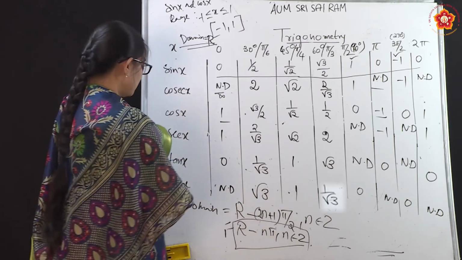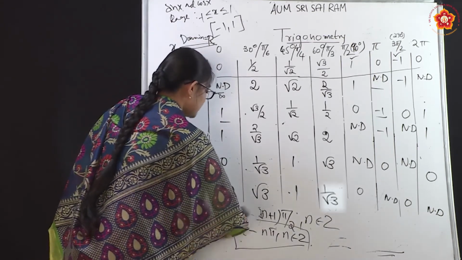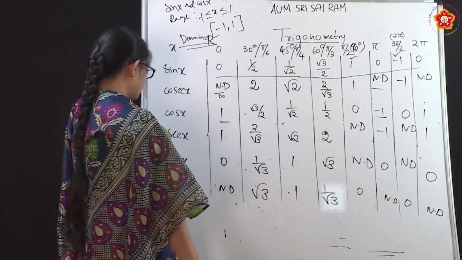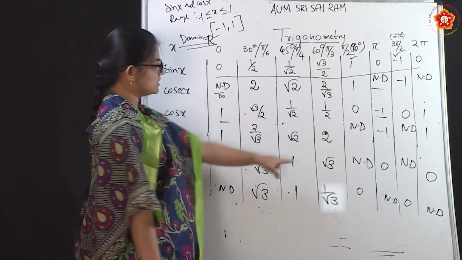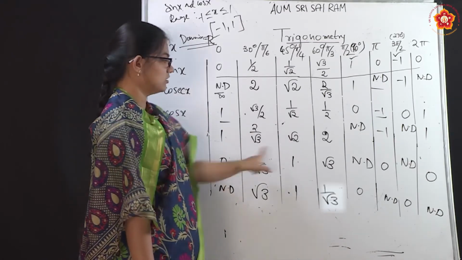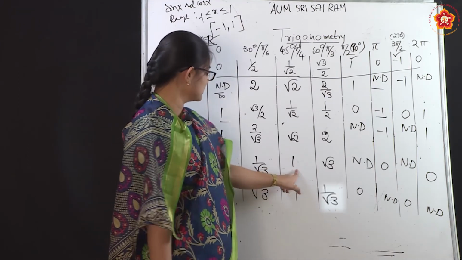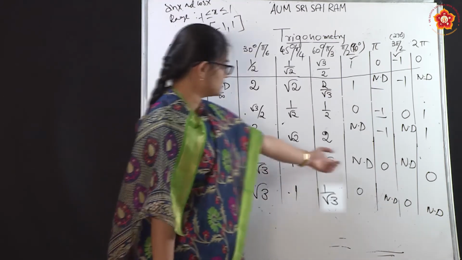Now coming to the range of tan and cot, you can see the values: 0 is involved, 1 is involved, and we can see here not defined.